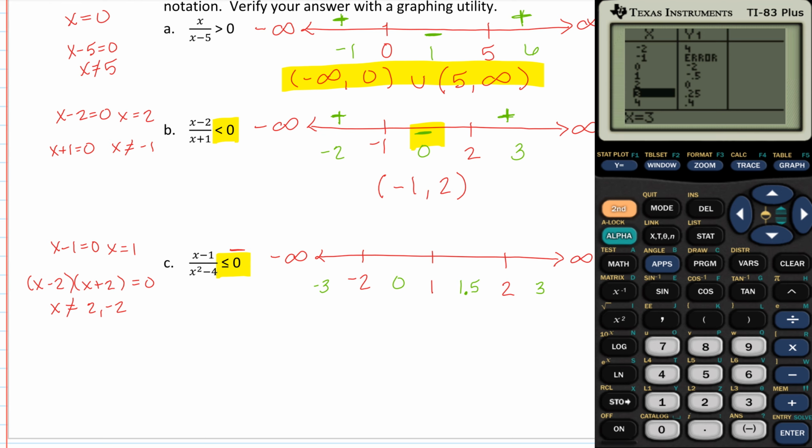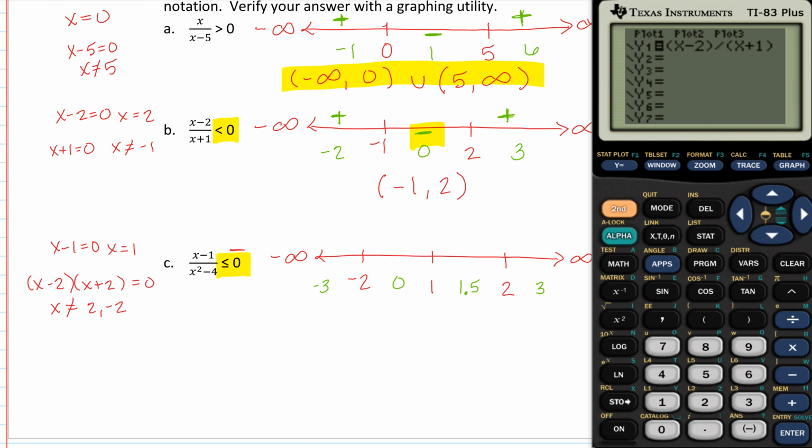So again, I'm going to go into my calculator. Go to y equals. And I'm going to do x minus 1 in the numerator.